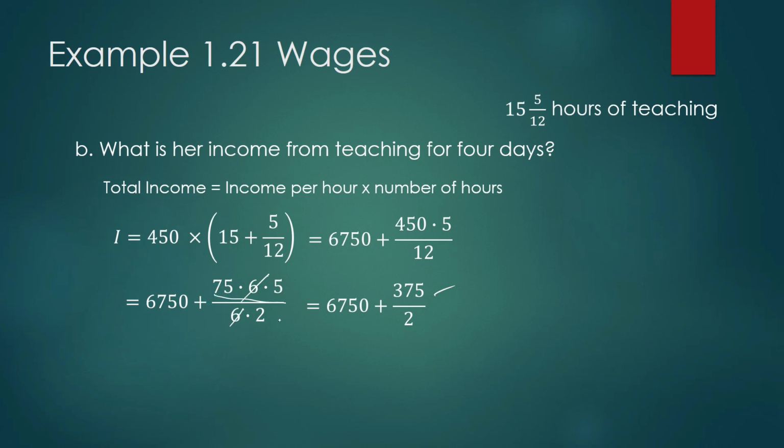It came from there, 75 times 5. Now 375 divided by 2 is 187 and 1/2. And so we add the whole numbers part. So this is going to be 6,937 and 1/2 pesos.